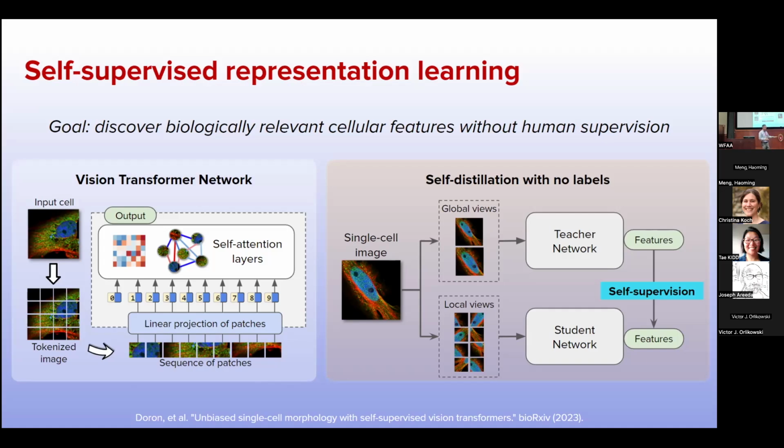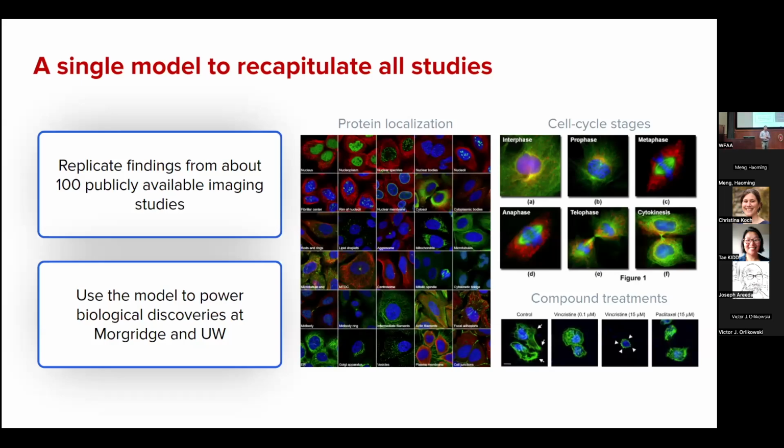That is still ongoing work, and we hope that by training a model in a self-supervised way, we could recapitulate many biological studies. This is part of our validation strategy. All of the studies that we collected in the previous couple of slides come from papers that biologists have published as well.